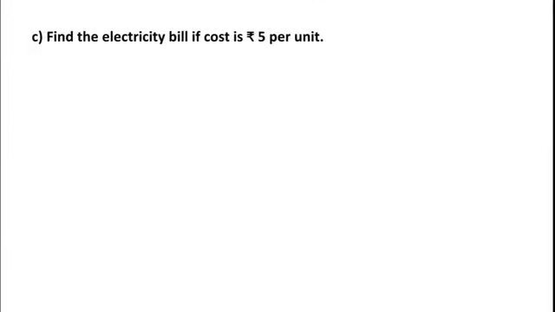Now students, from the previous part, it is clear that there is consumption of total 122.4 units every month. Now in this part, we have to determine the electricity bill if each unit cost rupees 5. And we know that there is consumption of 122.4 units. And if each unit cost rupees 5, then in order to find the electricity bill, what we do? We just multiply rupees 5 by the total number of units.